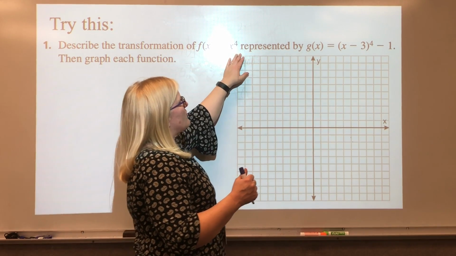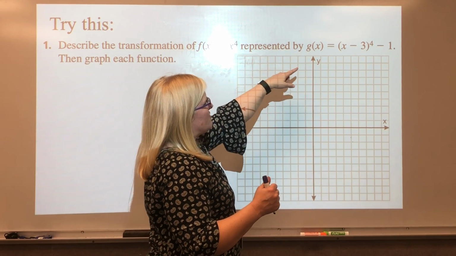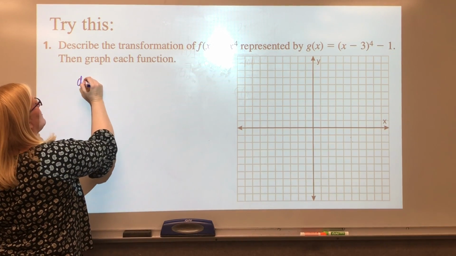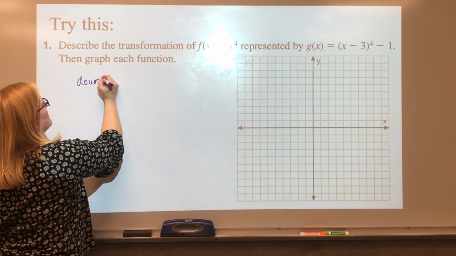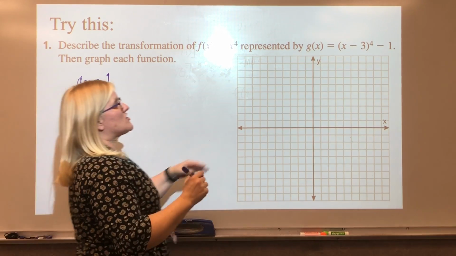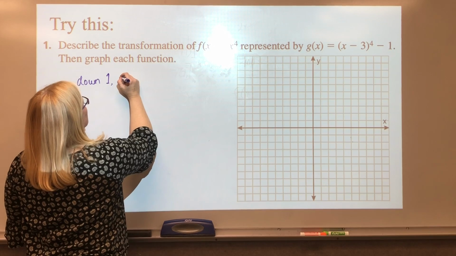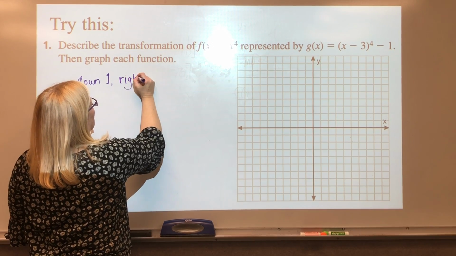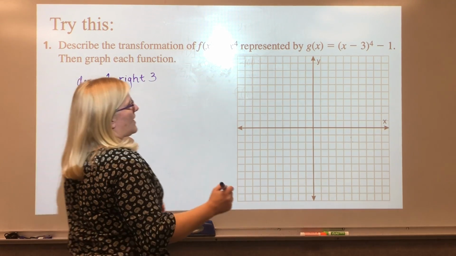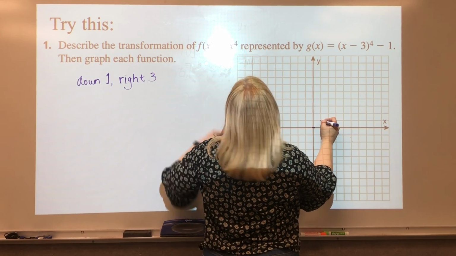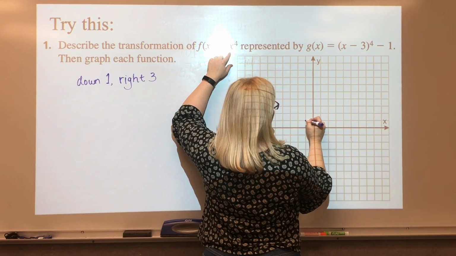Okay, so we have x to the 4th represented by g of x, (x minus 3) to the 4th minus 1. So we have it going down 1, and it's going to the right 3. Okay, so if I graph this really quick, I have 0, 0. If I throw in 1, I have 1. Negative 1 is negative 1.